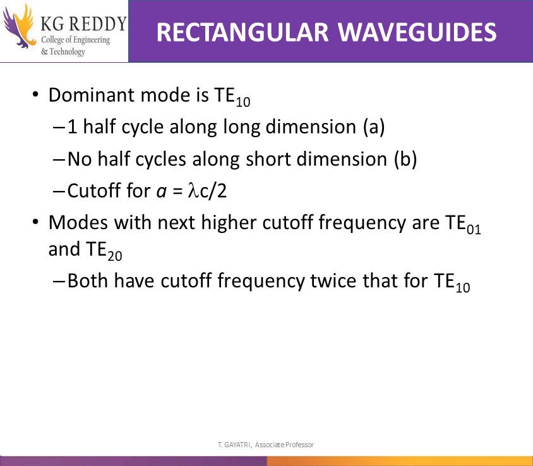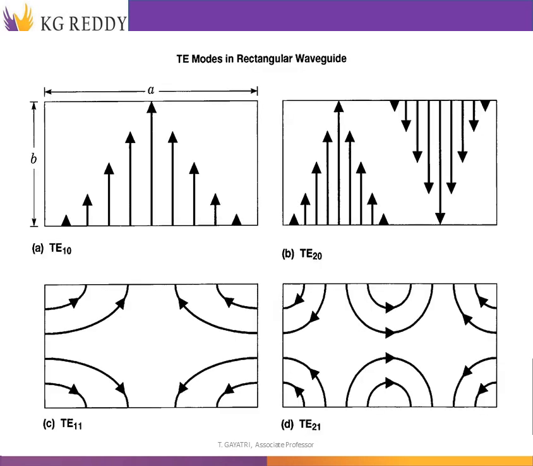Now, if we take TE01 or TE20 modes, both have cutoff frequency twice that of TE10 mode. To understand better, I will show you the diagrams of the wave propagation.